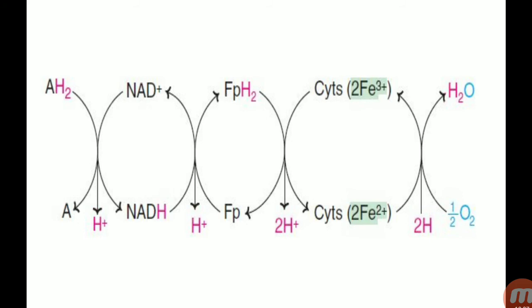Lastly, in the cytochromes the sequence is, as already given, B to C1 to C and A3, and finally when it reaches the end, oxygen is converted to water and the electron transport chain is completed.